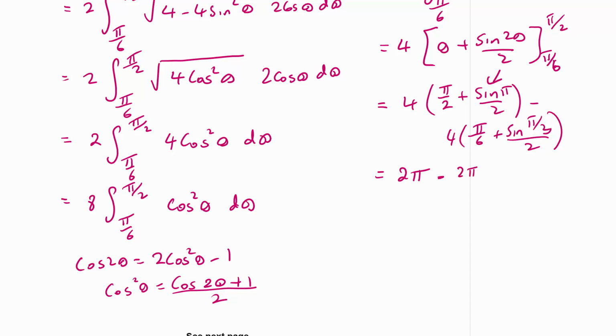Take away 2π/3. Take away sin of π/3 is root 3 over 2, so that's root 3 over 4. Hold on a second. Yes, root 3 over 4, but of course 4 times that because of the 4 from here. And so what we have is 4π/3, take away, the 4s cancel here, root 3.